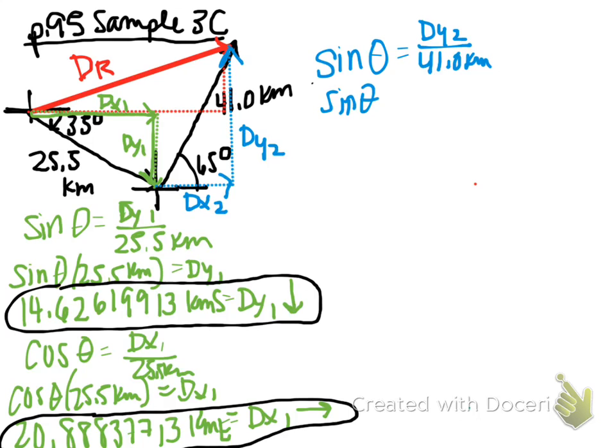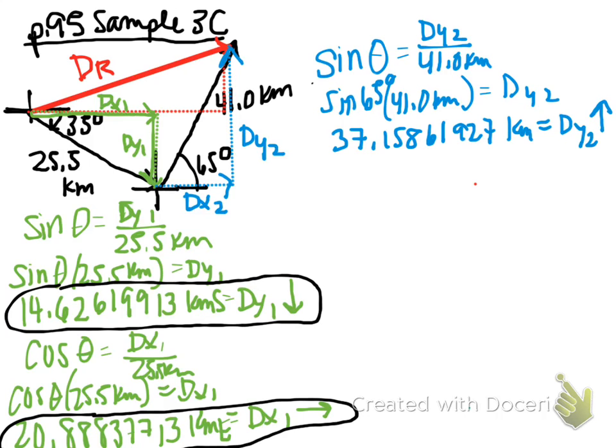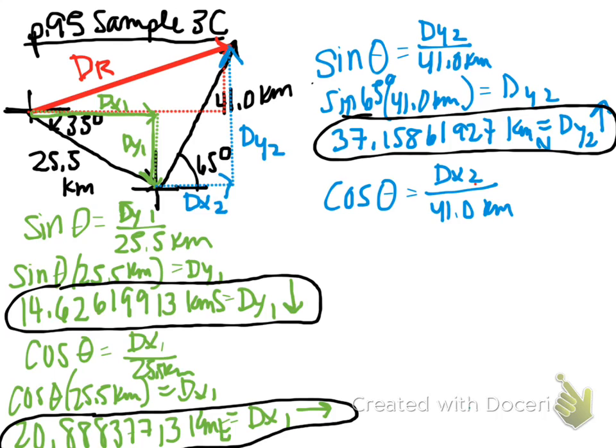So sine of theta times 41 kilometers will give us our dy2. Okay, yeah, and that's to the north. So we'll go ahead and circle that answer like that.